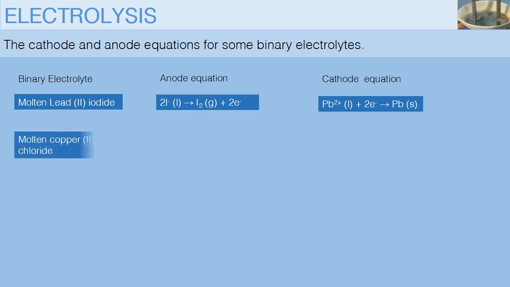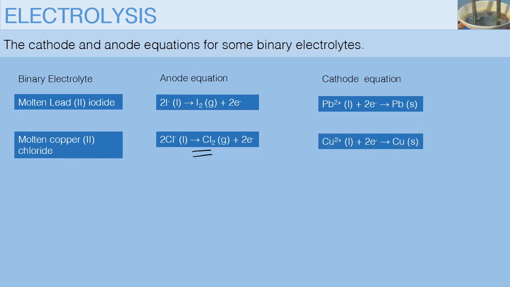Next, molten copper chloride: at the anode we will observe a green-yellow gas, that is chlorine gas, while at the cathode we'll observe a brown metal or brown bead, which is copper metal.